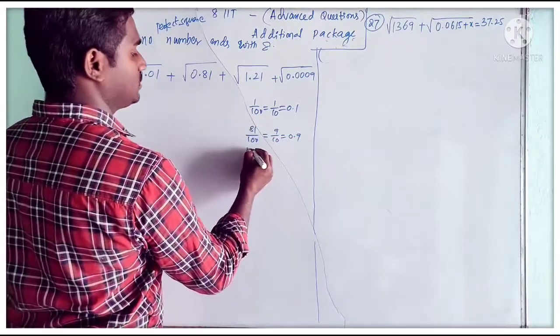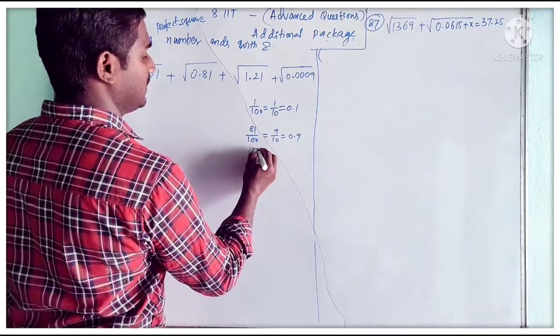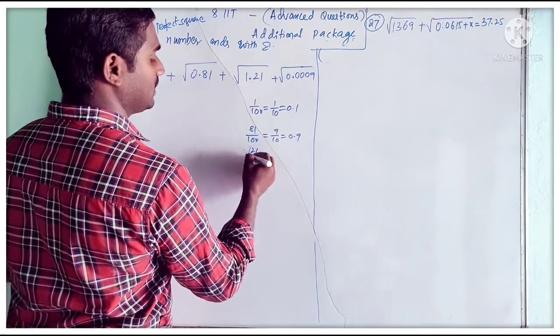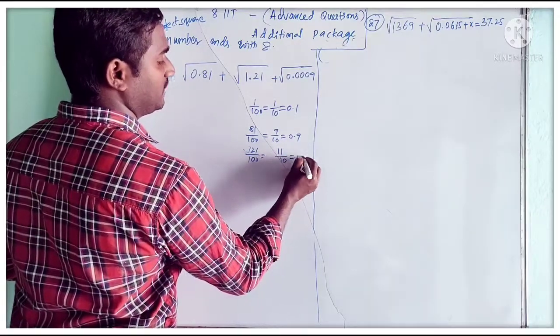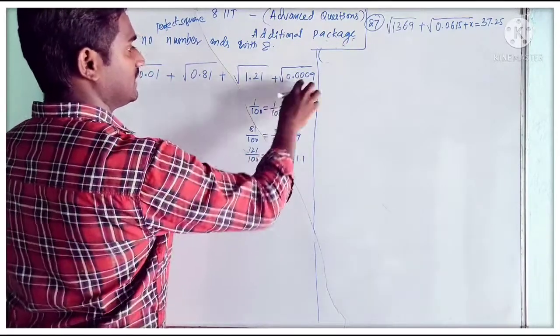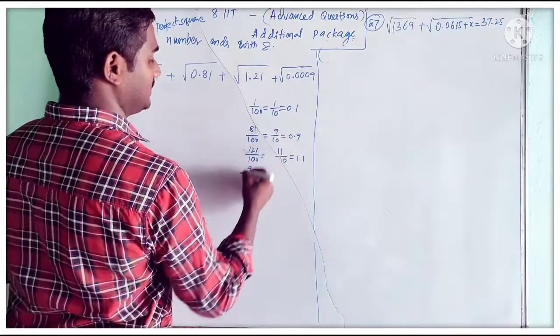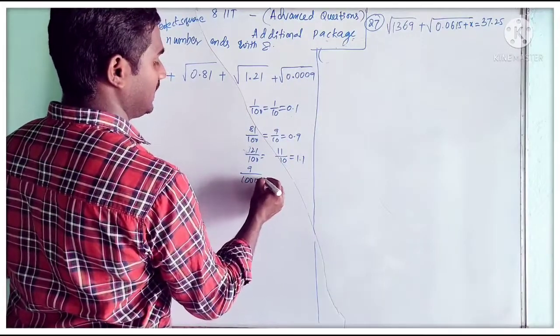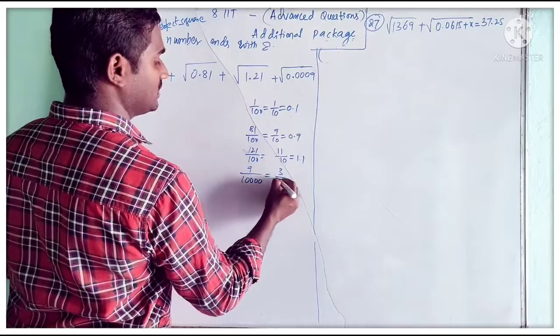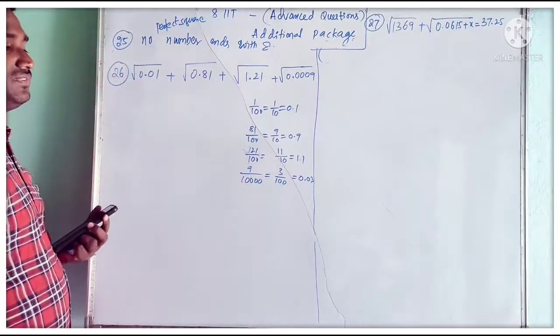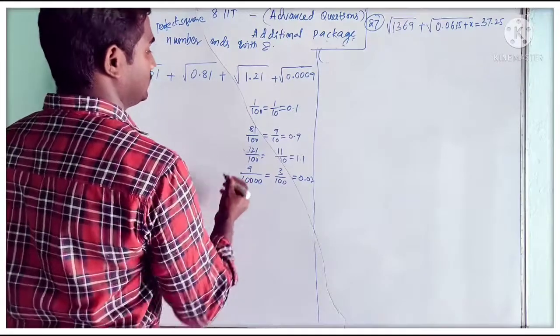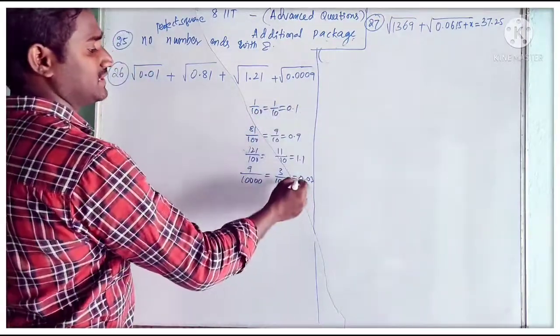And 1.21, we can write as 121 by 100. So square root of 121 by 100 is 11 by 10, which is equal to 1.1. And this we can write as 9 by 10,000. So square root of 9 is 3, square root of 10,000 is 100. This is equal to 0.03. Like this we can find. So these are the square roots, these are the decimal values.